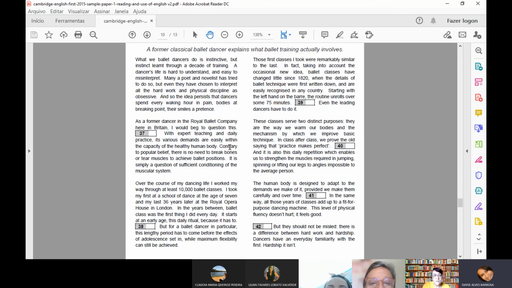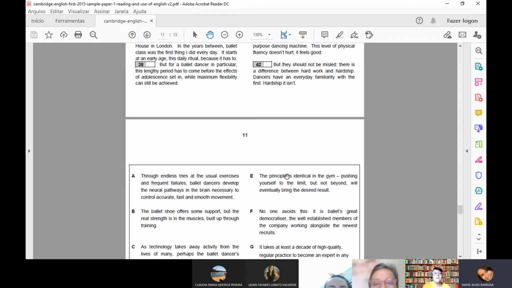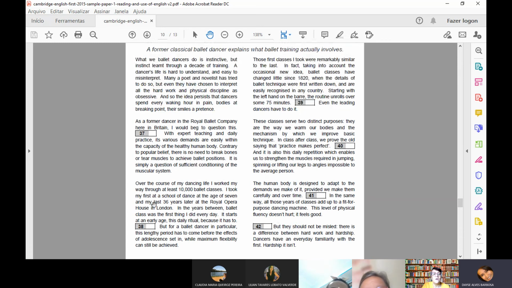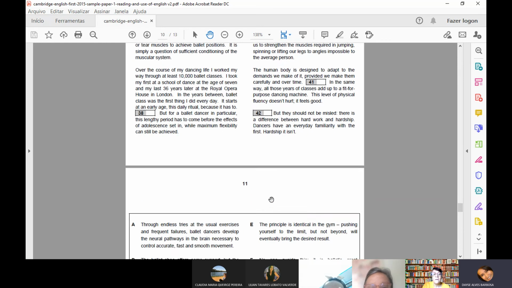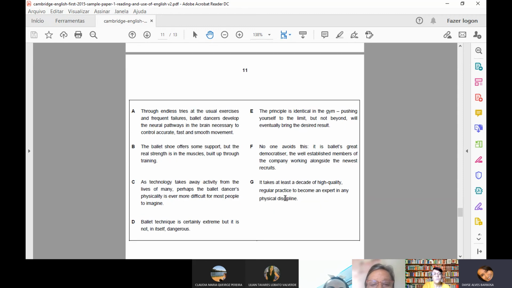It's a bit tricky too. You have to pay attention to what is before and what is after the gap, to see back reference and forward reference so that you can choose. And you see here 1, 2, 3, 4, 5, 6. You have 6 gaps, but there will always be 7 options. So 1 will not be used. Okay.